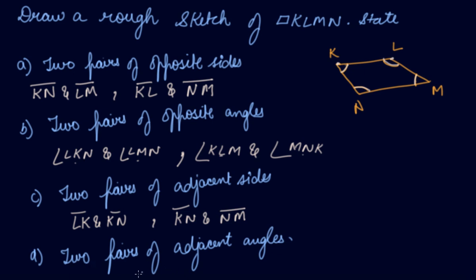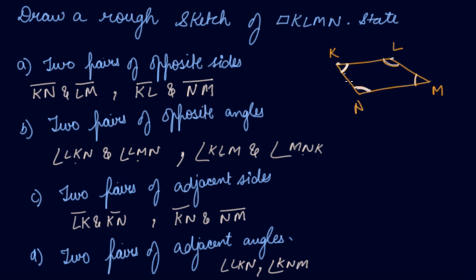Now they've asked you to find out the adjacent angles. Adjacent angle means this and this are the adjacent angles. So angle LKN and angle KNM are the adjacent. KN is the common side.